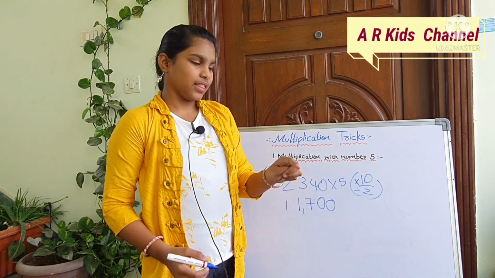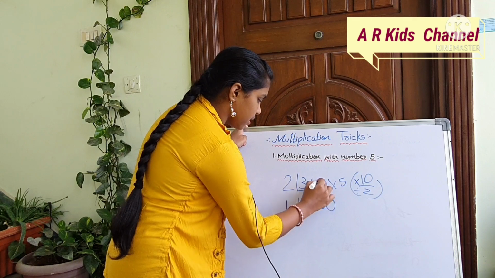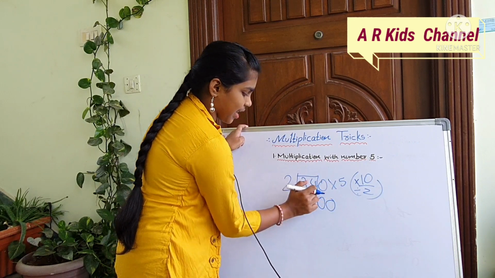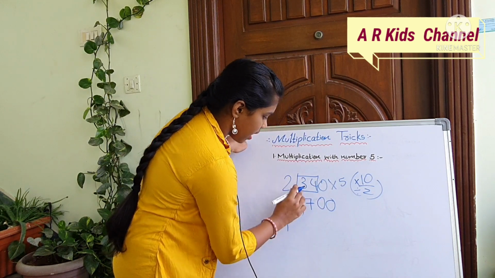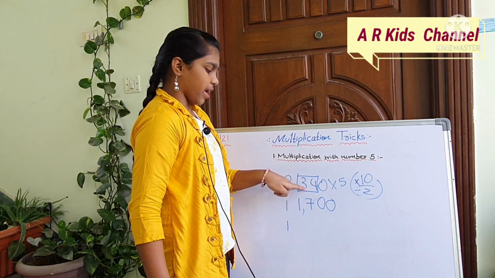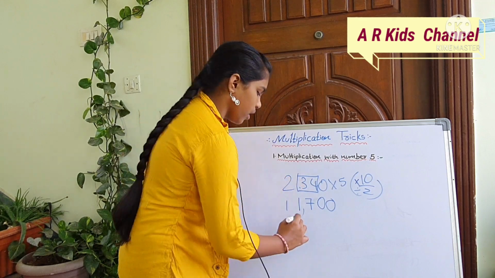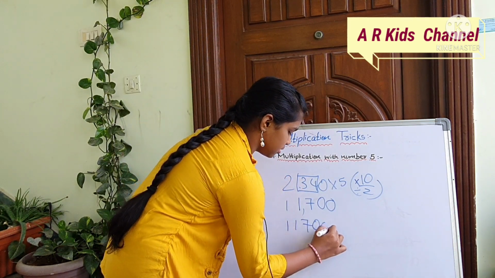Or you can do another method, which is to combine this odd number with the next successor number. Then you can do it easily. 2 ones 2, and we need to divide this 34 with 2 and the answer will be 17, 0 and 0. Done.